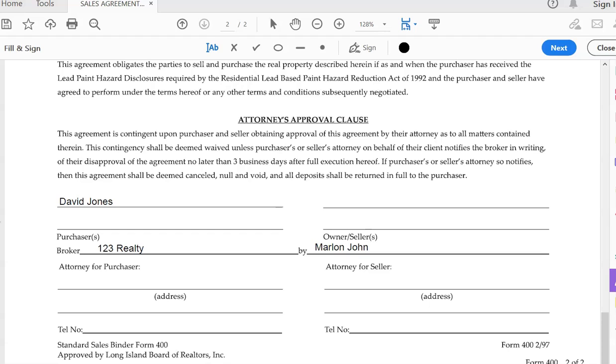Now the attorney information is important. Let's say Andrew Dawson.